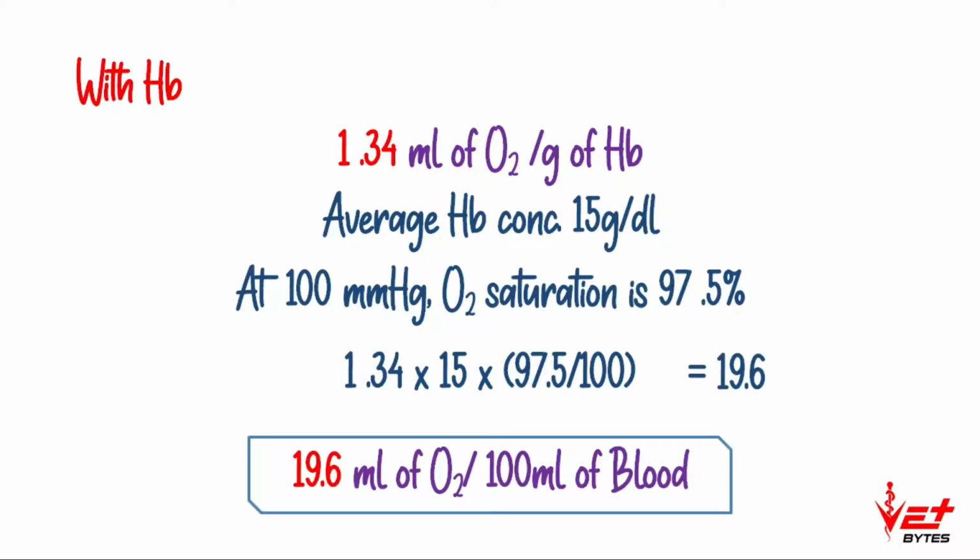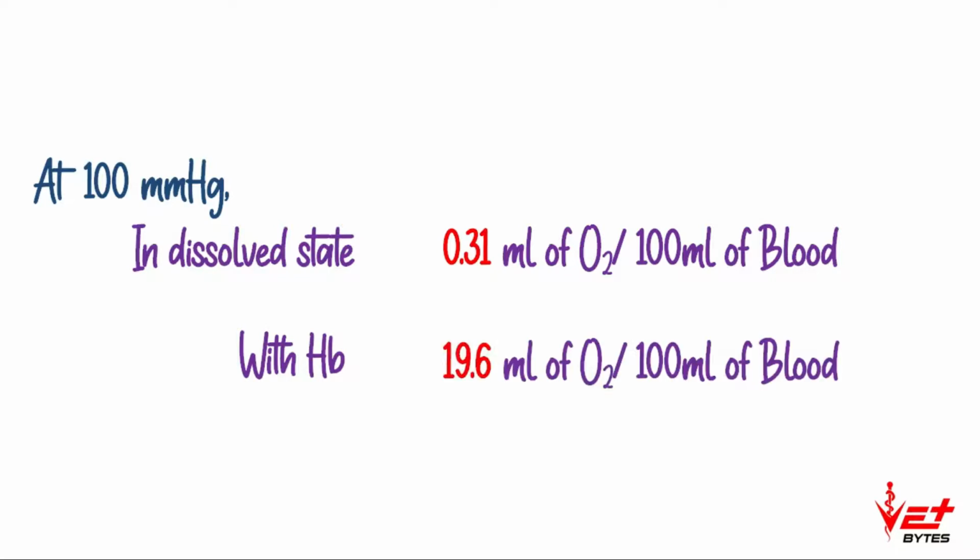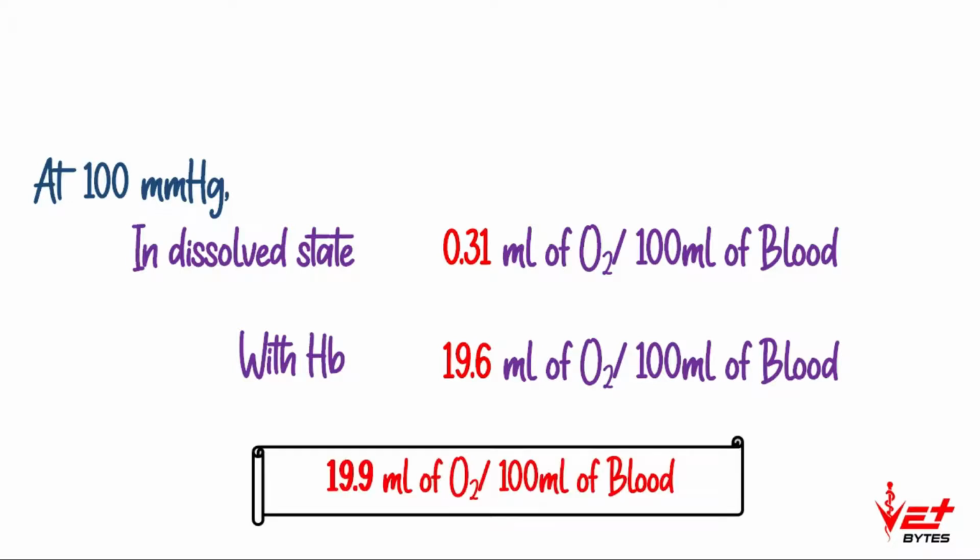So 100 ml of blood can transport 19.6 ml of oxygen along with hemoglobin. At 100 mm of mercury, in the dissolved state, around 0.31 ml of oxygen can be transported by 100 ml of blood, and with hemoglobin 19.6 ml of oxygen can be transported. So in total, 19.9 ml of oxygen for 100 ml of blood.